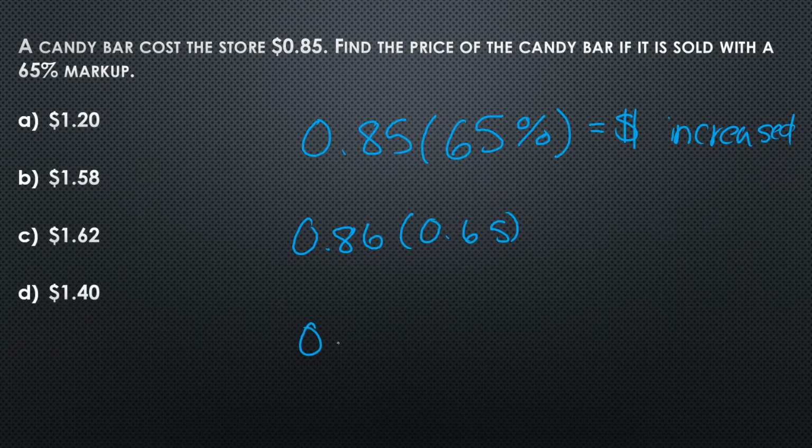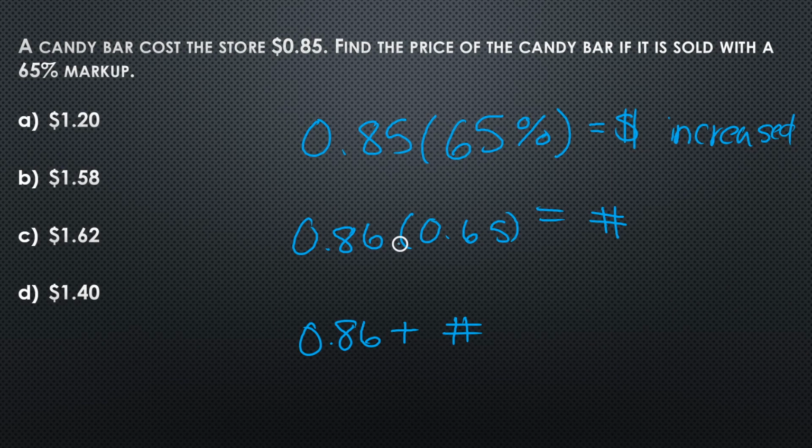And then I'm going to take that number and add it to my original price. So that's going to give us some number answer. And then since it is a markup, the price is increasing, so I'm going to take that number and add it to the price that they pay for the candy bar.